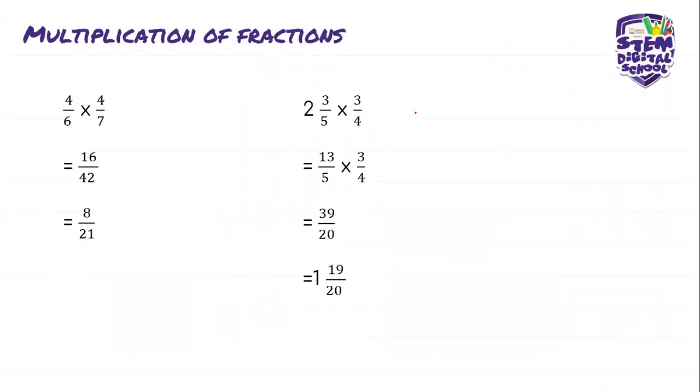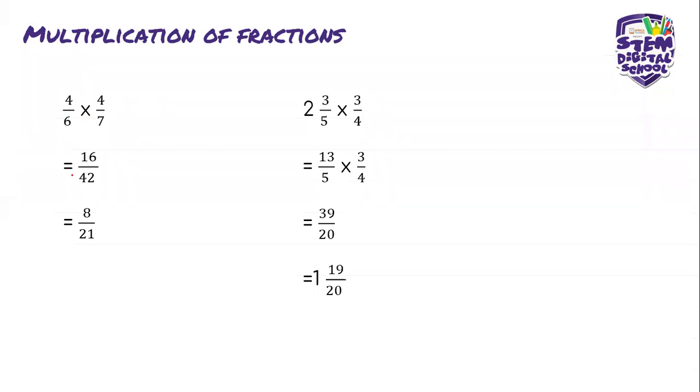I'll start with multiplication, and then I'll explain division. Multiplication is very simple. You multiply the numerators, then the denominators, and get the final answer. 4 times 4 is 16. 6 times 7 is 42.